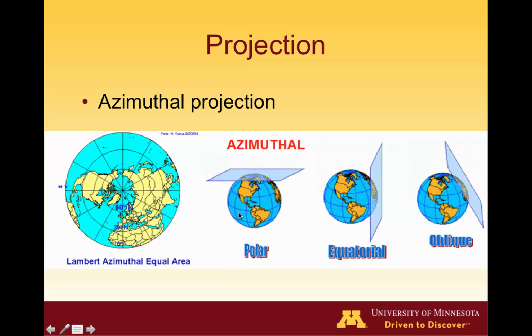So if parallel light comes to the Earth and projects the Earth on a plane, the plane will show such a circle with the projected continents and seas from the surface of the Earth. And again, you have different directions for azimuthal projection: polar projection, equatorial projection, or oblique projection, where you choose the direction as you wish.